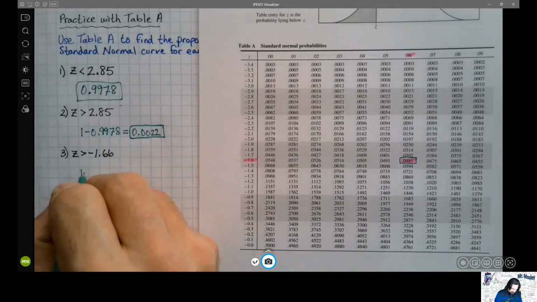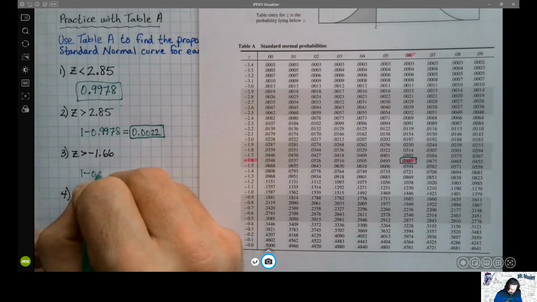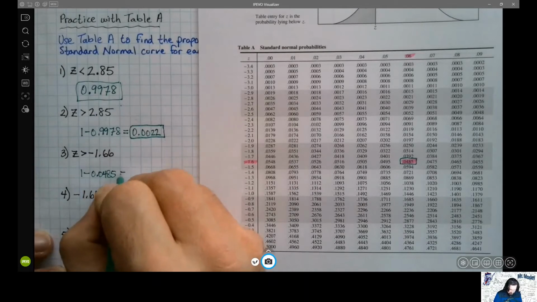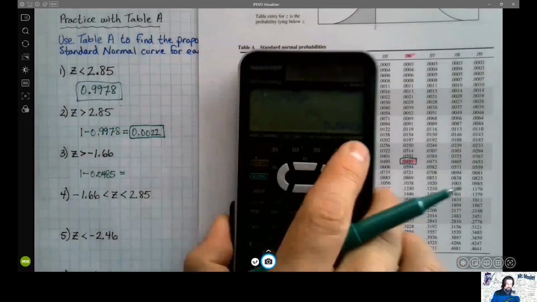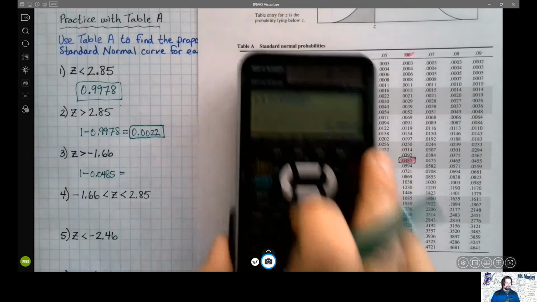So I'm going to say 1 minus 0.0485, and because I trust my calculator, I'm going to use that guy again. We have 1 minus 0.0485, and that gets us to 0.9515.